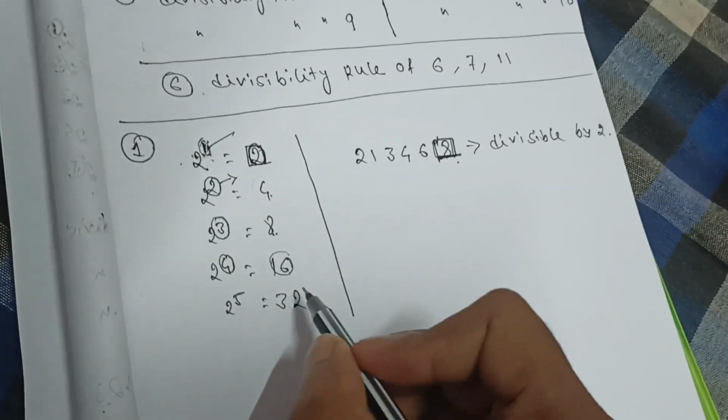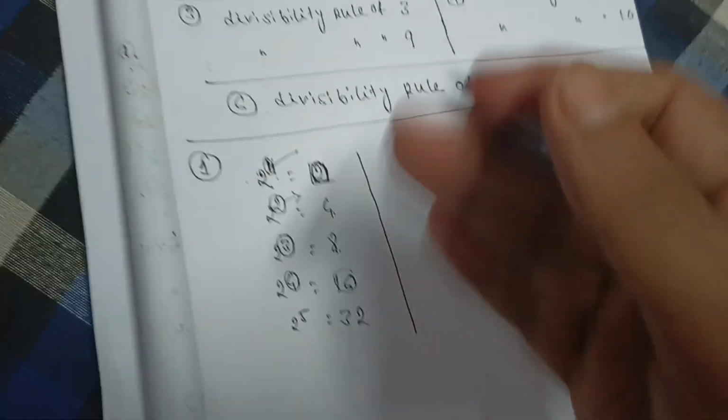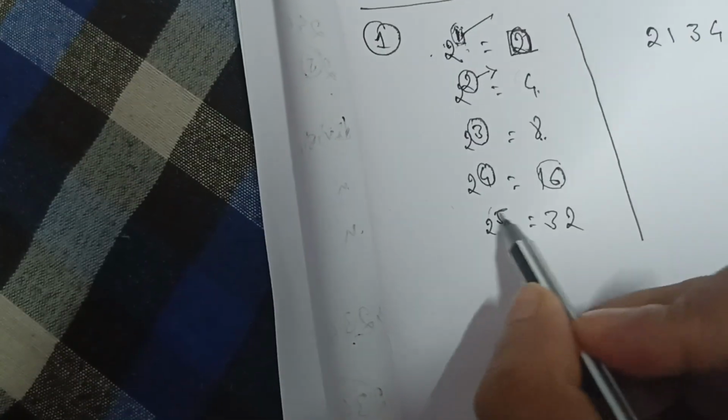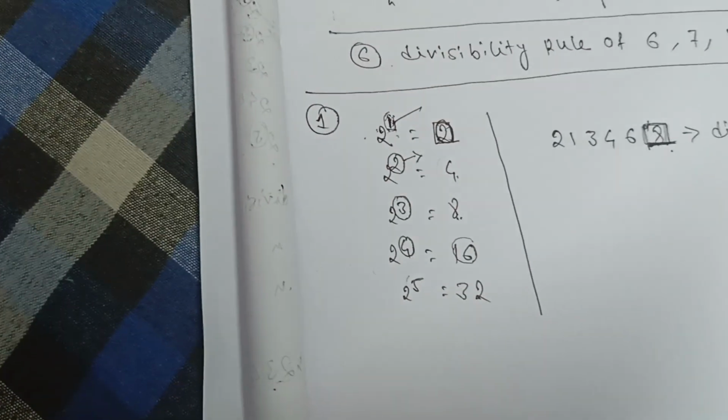This is the rule. Same here: if the last 5 digits are divisible by 32, then the total number is also divisible by 32.